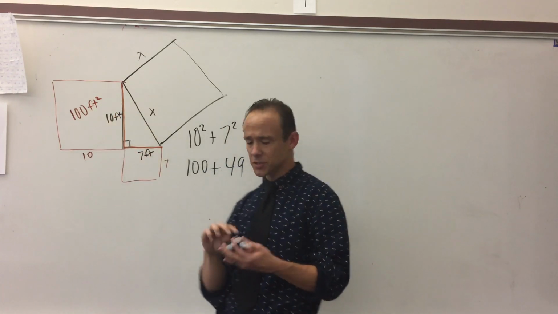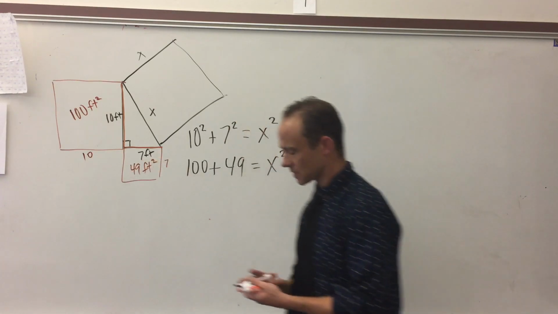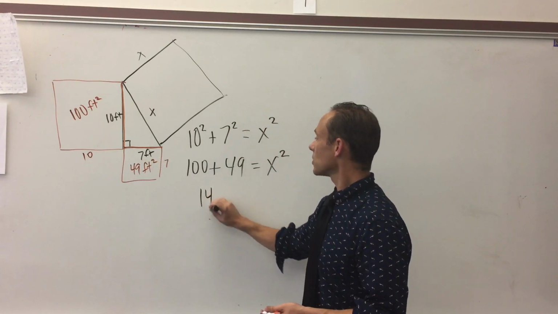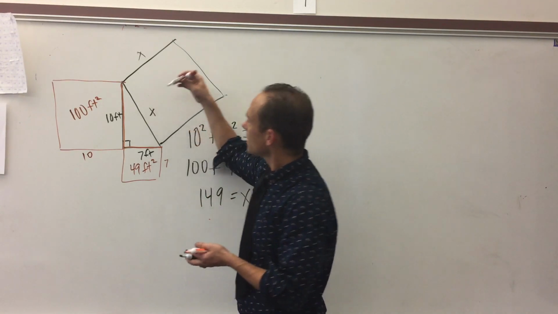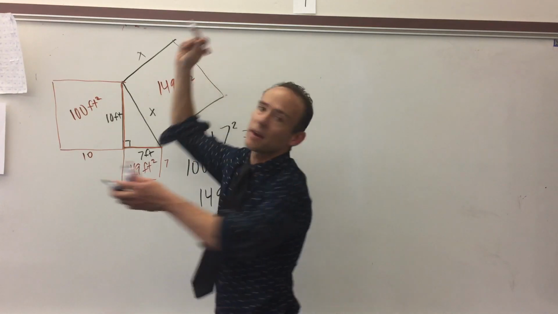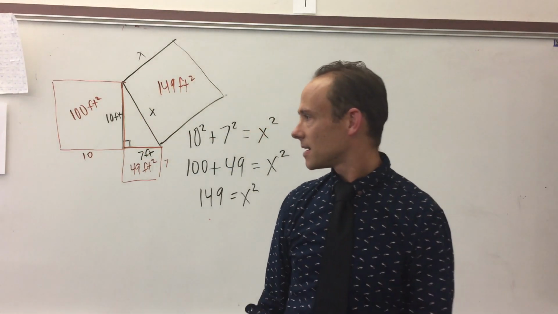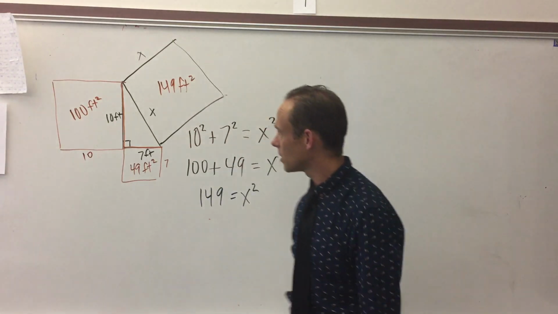So the area is in feet squared. This is 49 feet squared. So when I add them together, I get 149 is equal to x squared. That means this area is 149 feet squared. Ta-da!